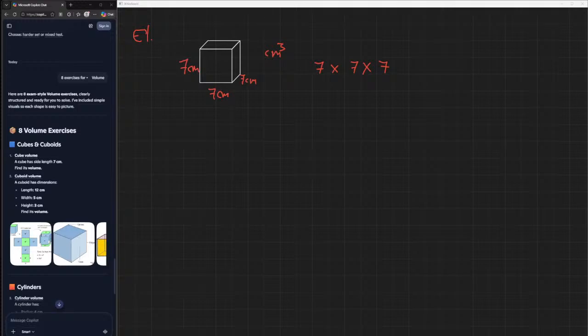So 10 times 7 is 70, 49 times 7 is what? 7 times 9.